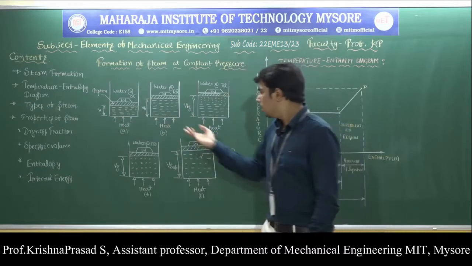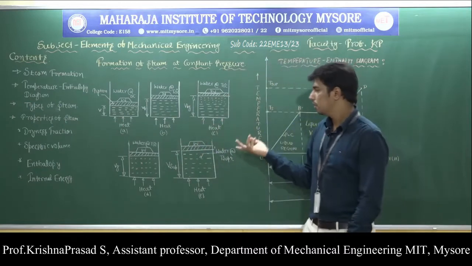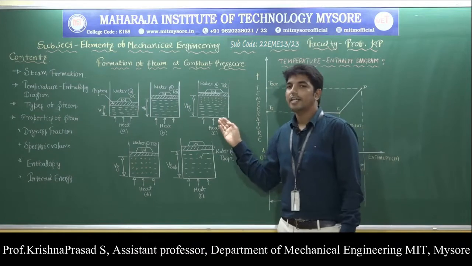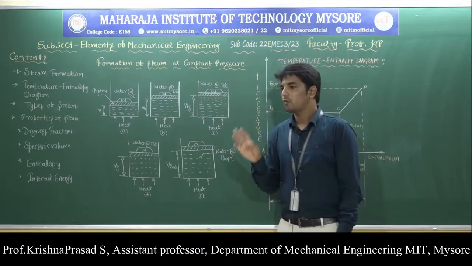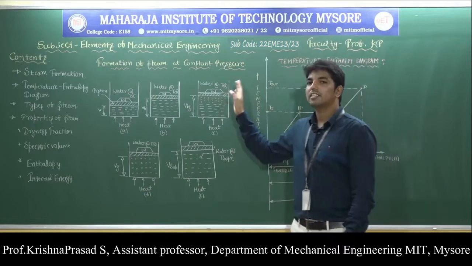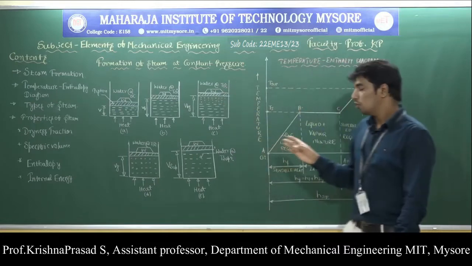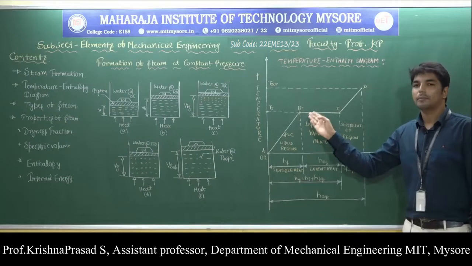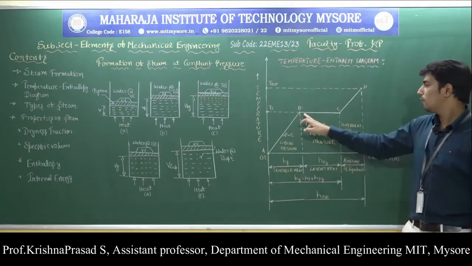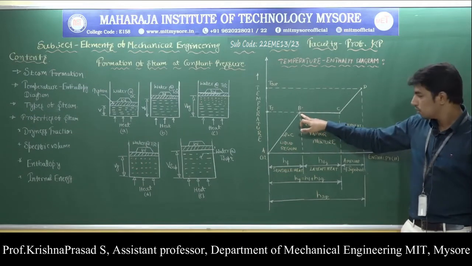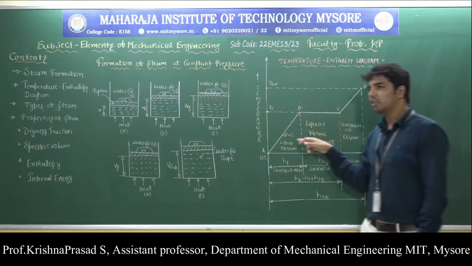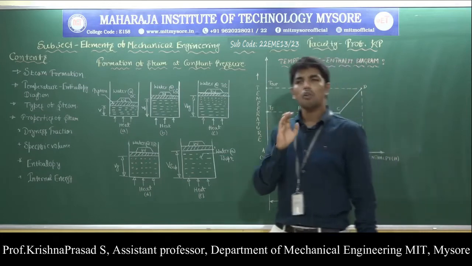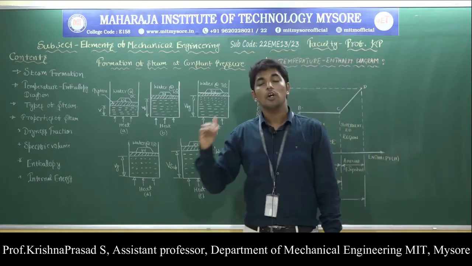Then, further addition of heat, what happens? Further addition of heat initiates the evaporation of water. During the evaporation of water, the temperature remains at the saturation temperature, which we can also observe in the temperature enthalpy diagram. This evaporation continues until all the water particles are converted into dry steam.